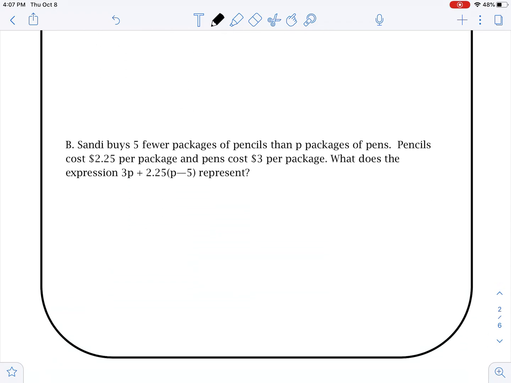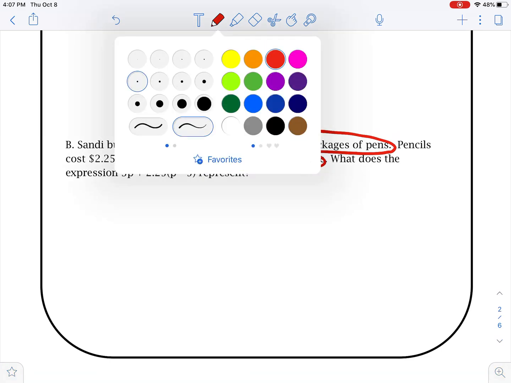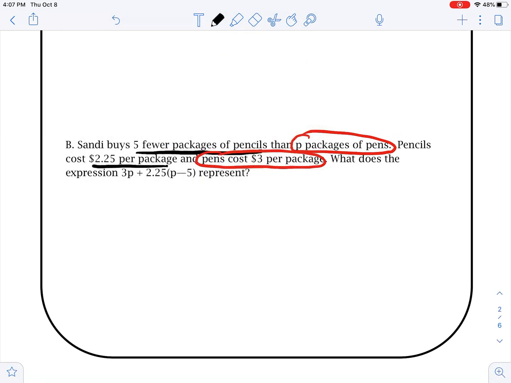Okay, so Sandy buys 5 fewer packages of pencils than P packages of pens. The cost is $2.25 per package for pencils, and pens cost $3 a package. So that's $2.25 goes with the pencils, and $3 goes with the pens.